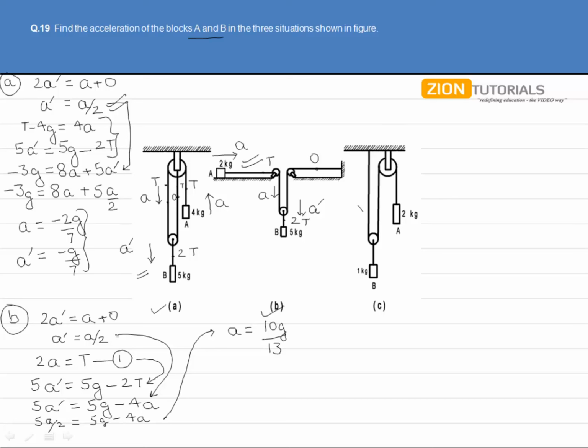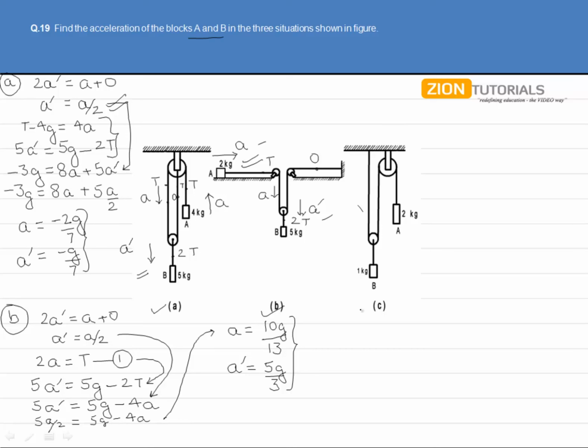Now from the relation a' equals a by 2, we can write a' equals 5g by 13. Now this time we are getting both the a and a' as positive, which implies that the directions we took initially are correct. That is, B is moving downward with an acceleration of 5g by 13, while A is accelerating to the right with an acceleration of 10g by 13.